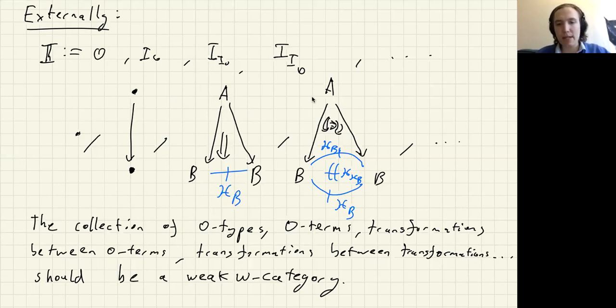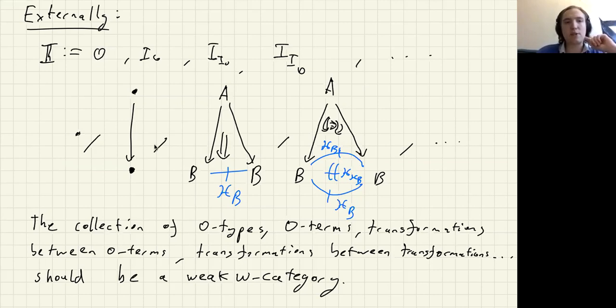Then we can keep going, and look at transformations between those transformations, and those are going to behave like modifications, actually. And if we look at the collection of all the types, the terms, the transformations, the modifications, and so on, what we would expect is that we'd end up with a weak omega category, and indeed we'll prove that that's the case. So that will be our external result.